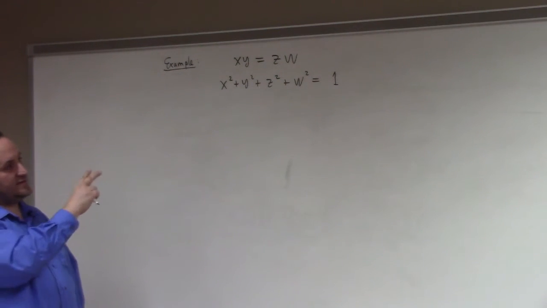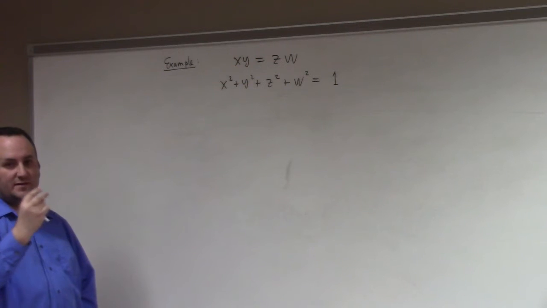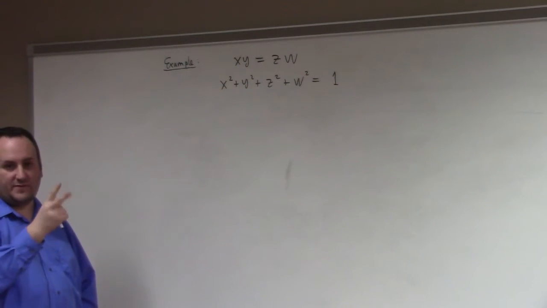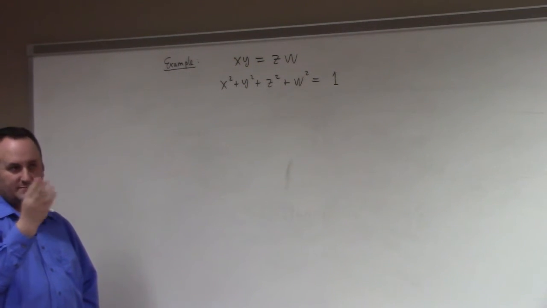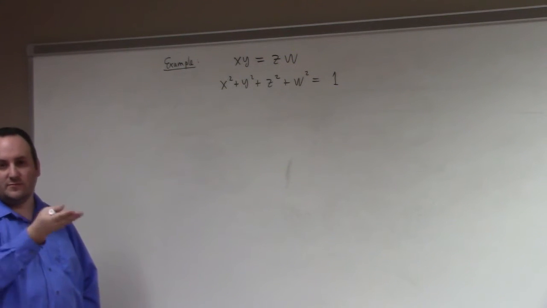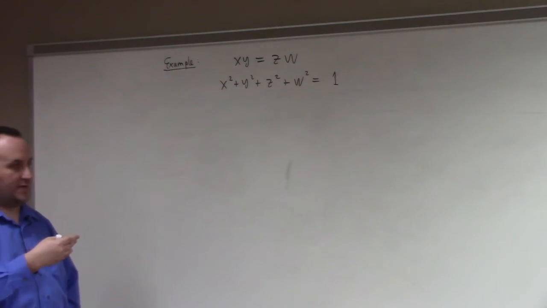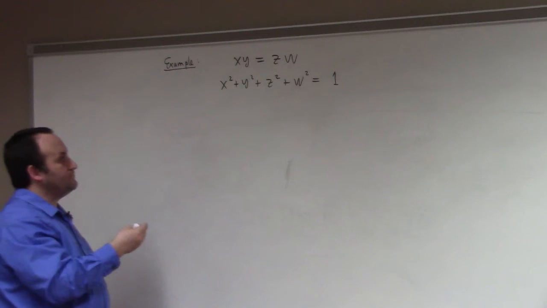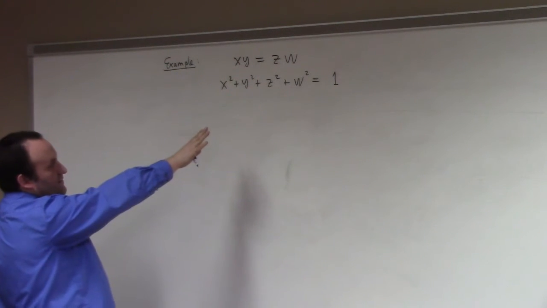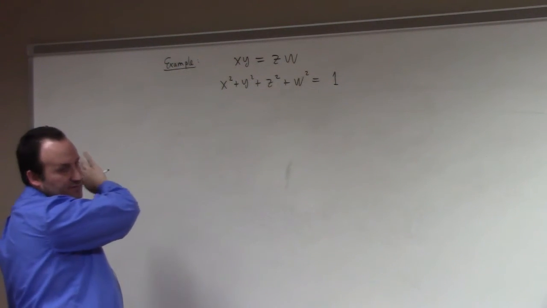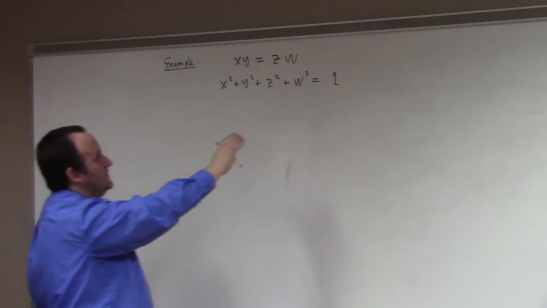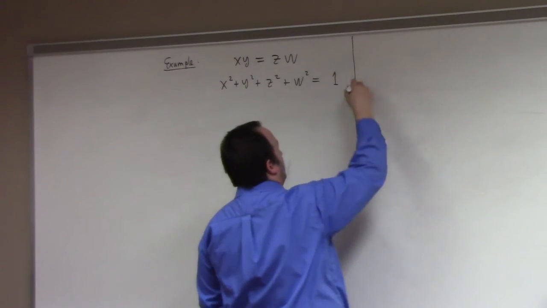In this context, you'll have 2 dependent variables and 2 independent variables, which is different than last time, when we had 1 dependent variable and 2 independent. The counting was a little bit different. If you have something like this, you just take the total differential and go from there.